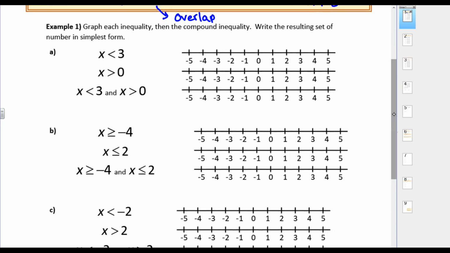For example, if I've got the inequality x is less than 3, that would graph at 3 and go strictly less than, going down here. And x is greater than 0 would be at 0 and go up from 0. The inequality x is less than 3 and x is greater than 0 is where these two overlap.